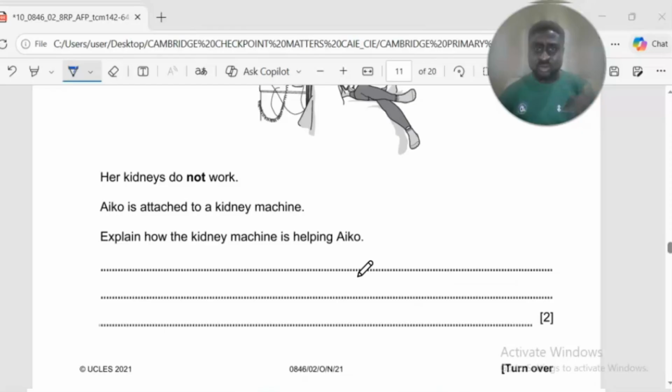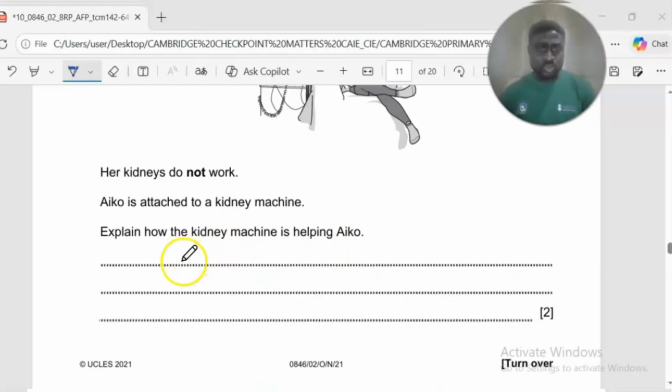So if you have an idea of how dialysis is conducted in the hospital for an individual who has kidney or kidneys malfunction, that will give you the basic clue on how to answer this question. But basically, it has to do with how the blood is being filtered and cleansed from every impurities or toxic substances in order to keep the individual alive.